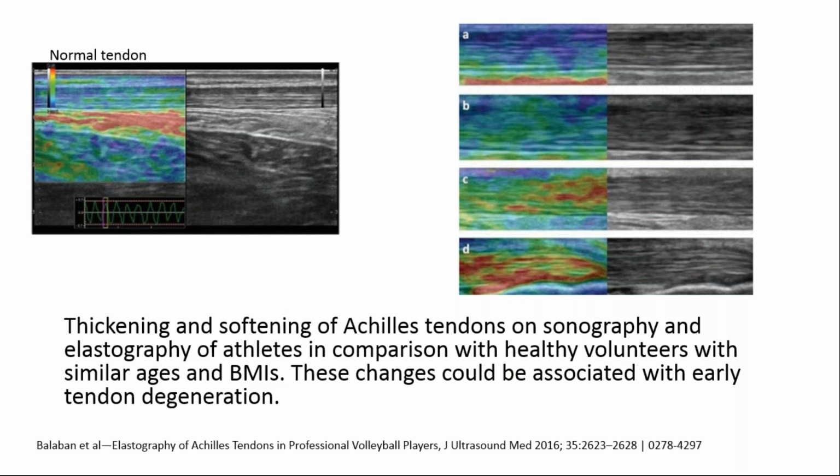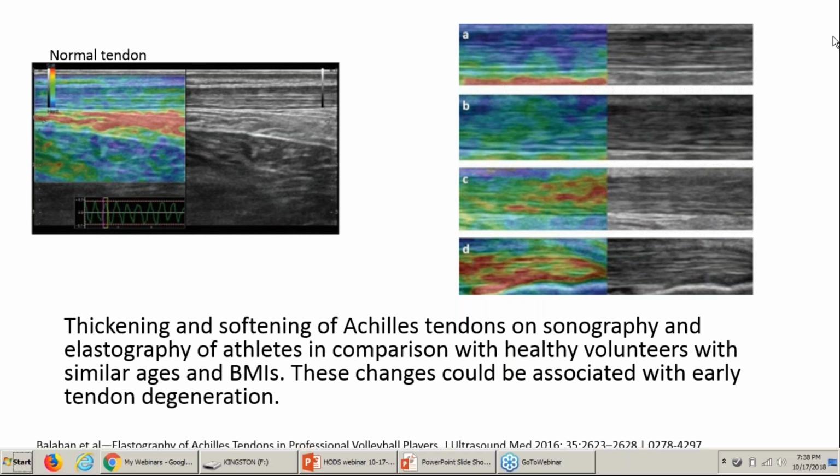And with tendinosis, they found these changes, which you can notice on the elastography, and these changes are associated with early tendon degeneration. Oh, I'm sorry. Let me say it again. These subjects were not patients with symptomatic Achilles. I'm sorry.